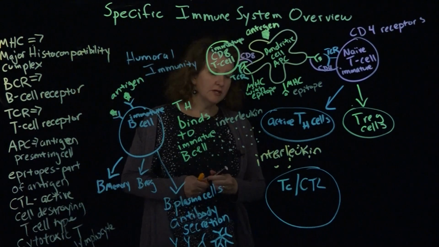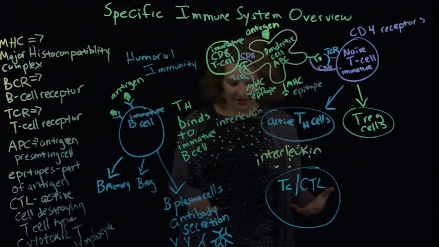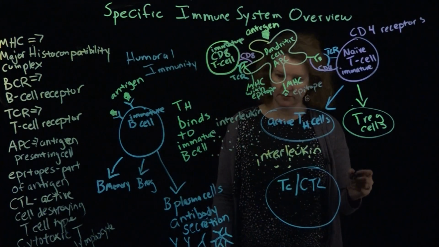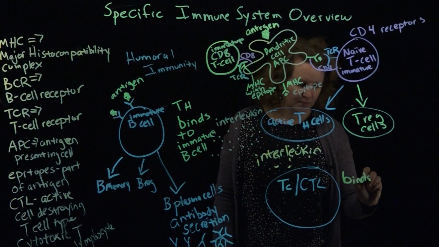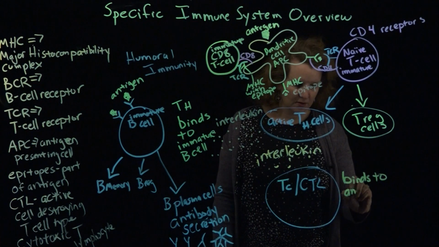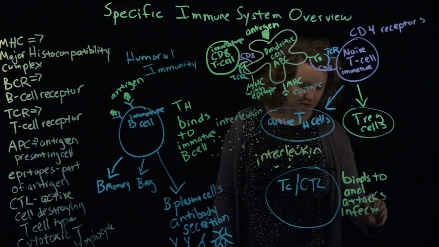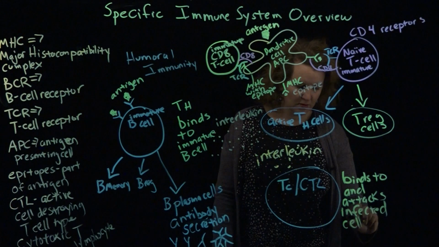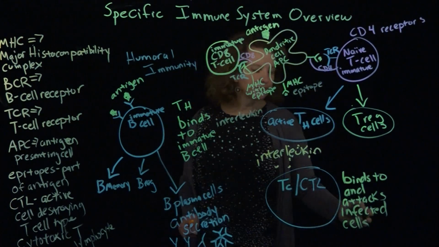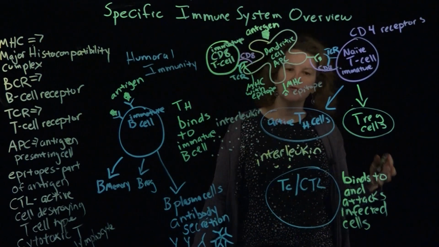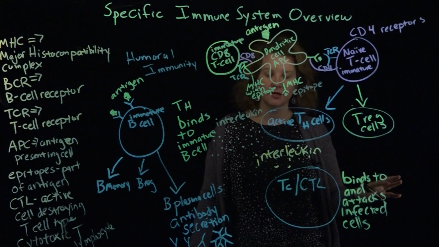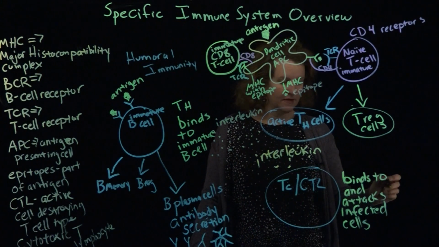Okay, so this CTL now is actually going to attack infected cells. So it's going to bind to, and actually seek out cells that are also presenting on their MHCs pieces of the epitope or some irregularity that signals that particular microbe has infected that cell.